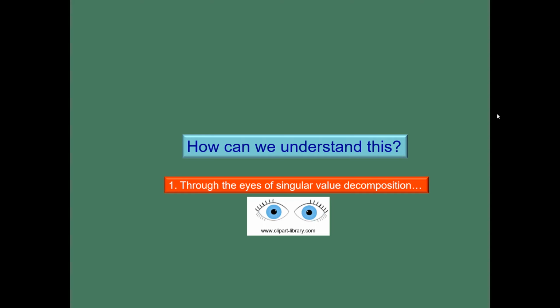One very informative way to look at the whole history matching process is through the eyes of singular value decomposition. Now, singular value decomposition is something used a lot in linear algebra. That'll be discussed in other videos. For the moment, let's just look at what it can tell us about the history matching process.